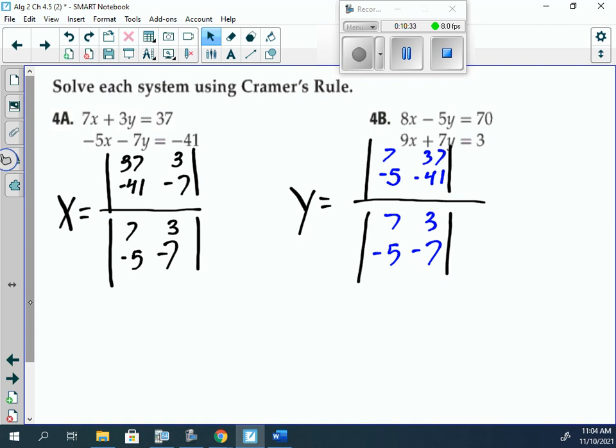So we can set A as 37, 3, negative 41, negative 7. We can set B as 7, 37, negative 5, negative 41. And C, we can set up as 7, 3, negative 5, negative 7.